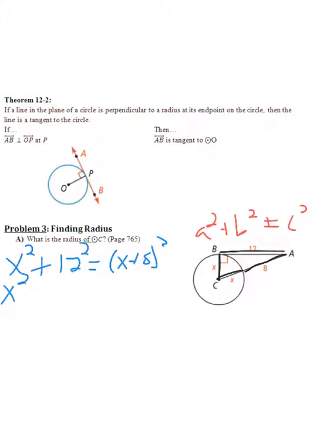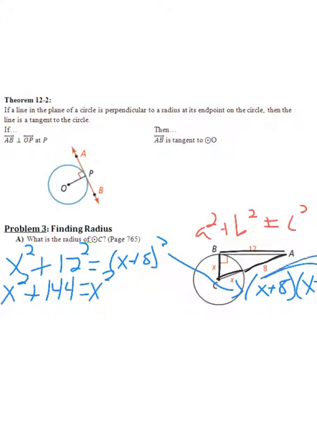Well, x squared is x squared, 12 squared is 144. When I square x plus 8, remember, x plus 8 squared is x plus 8 times x plus 8. So I'd have to FOIL it. I've got x squared plus 8x, plus another 8x, so plus 16x plus 64.